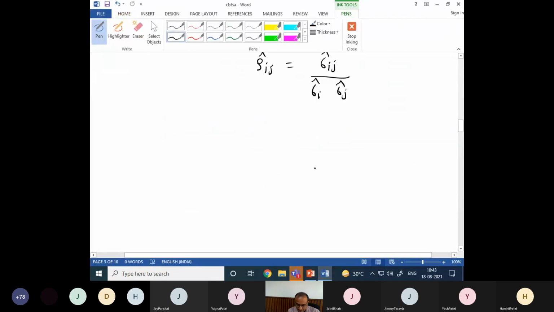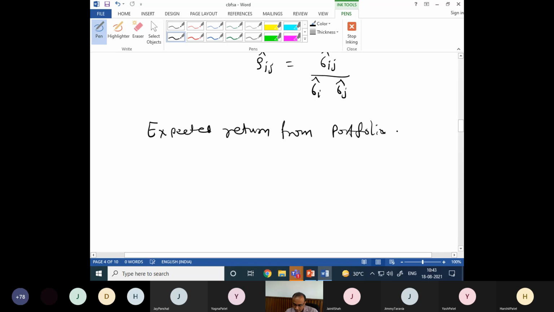So what we are looking at is the expected return from portfolio P, and P consists of n securities. That is written as E of RP.